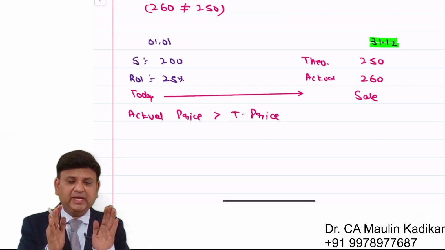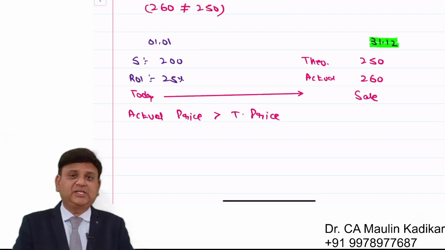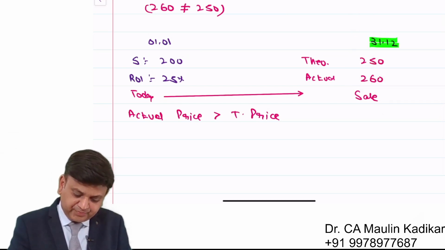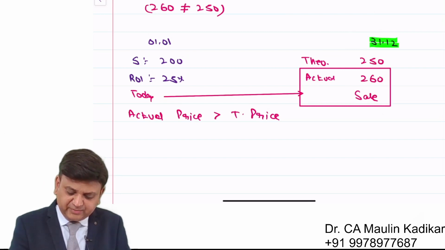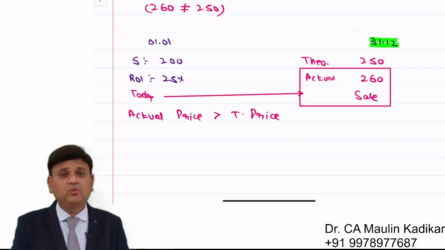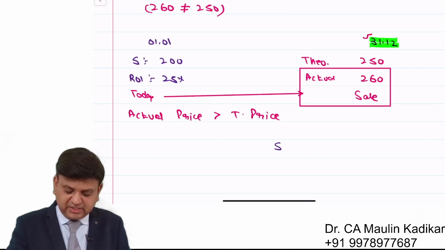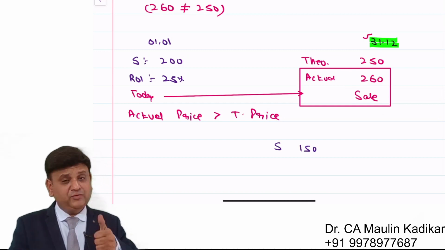Understand, friends, entering into only this transaction is not sufficient. If at all you enter into solely this transaction, is that sufficient for the purpose of arbitrage? The answer is no. Why? At the end of the year, if at all the spot price of the equity share is, let us say 150, you are very happy.